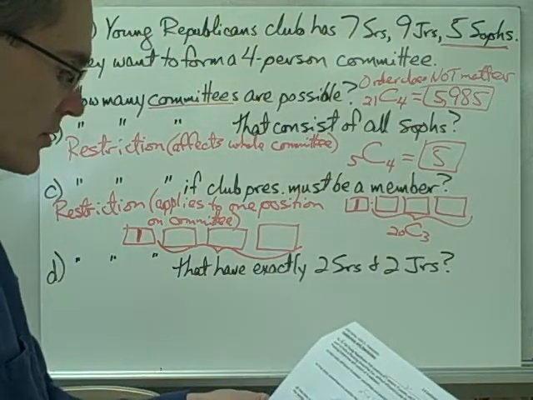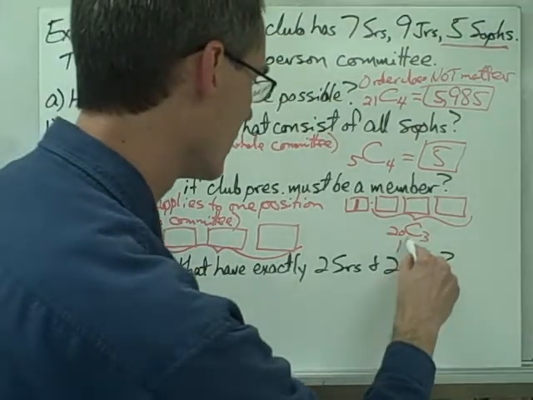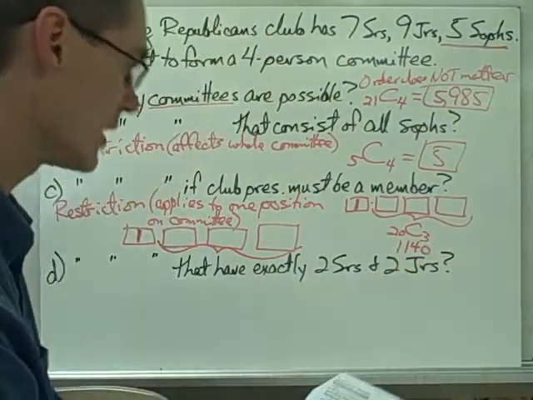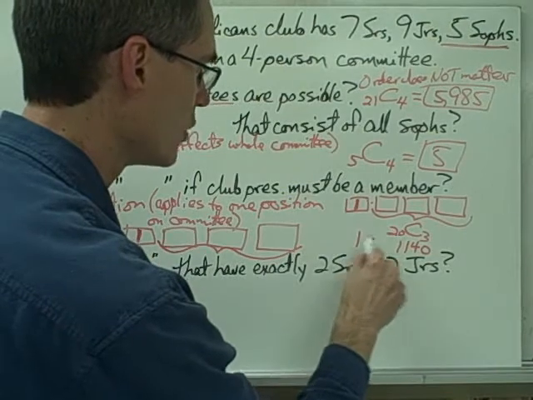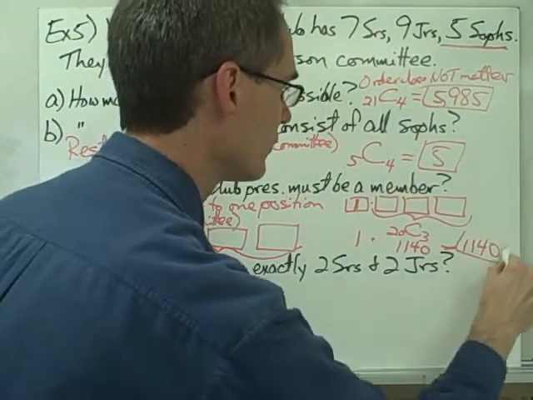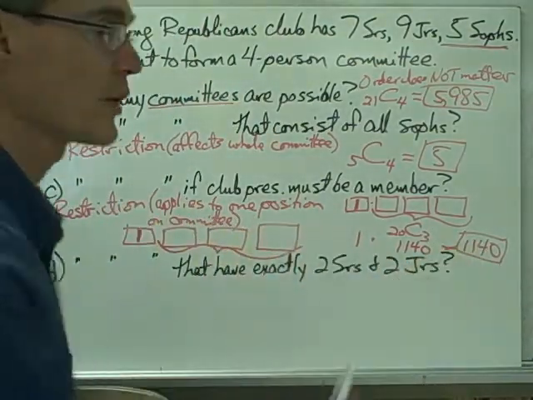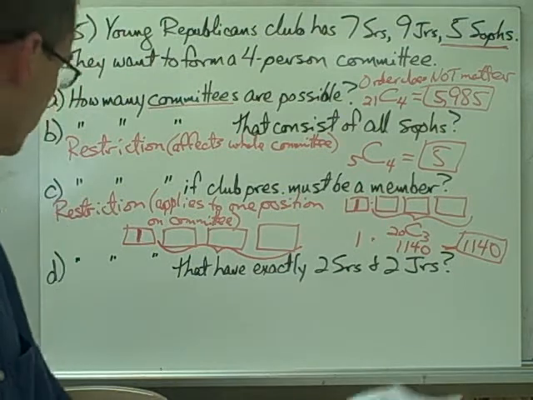The combinations of 20 people taking 3 at a time, I punch that into my calculator and I get 1,140. So 1 times 1,140 equals 1,140. And that's how many committees I have if the president has to be a member of the committee.